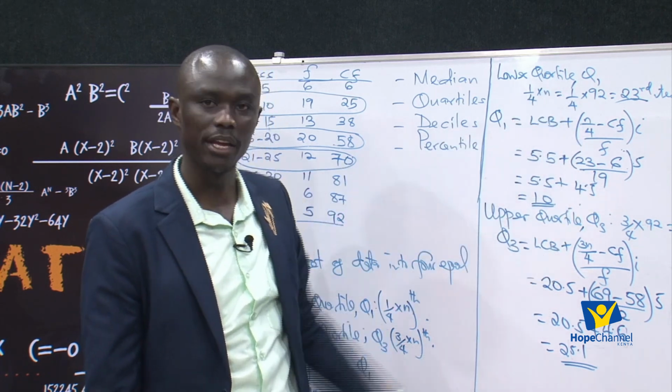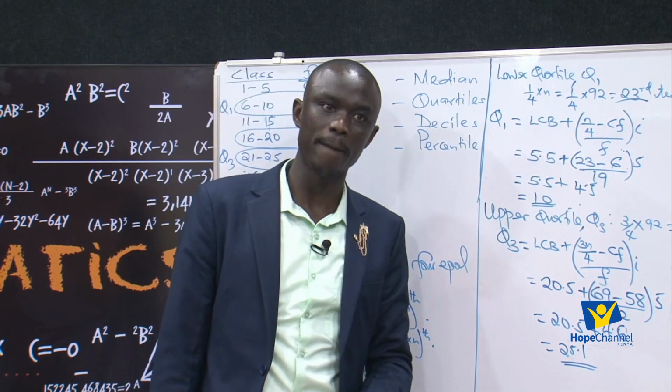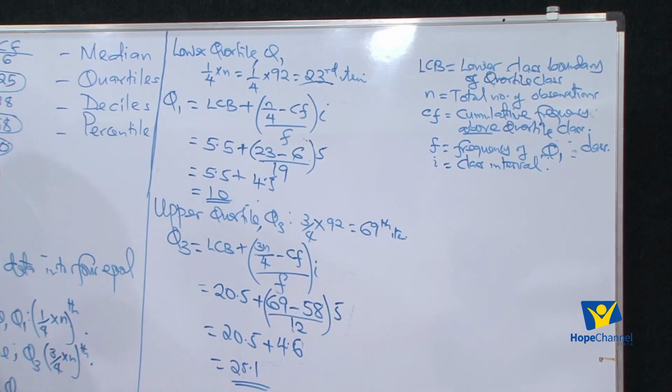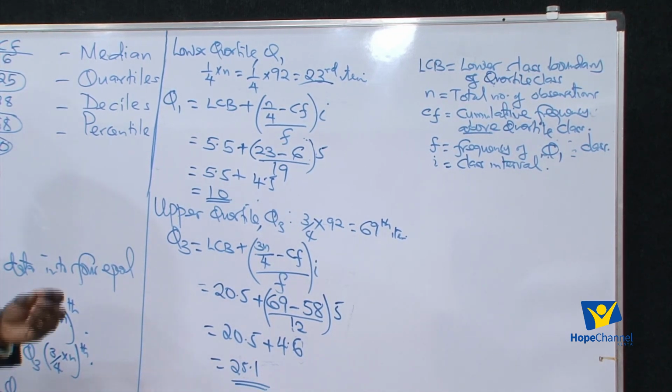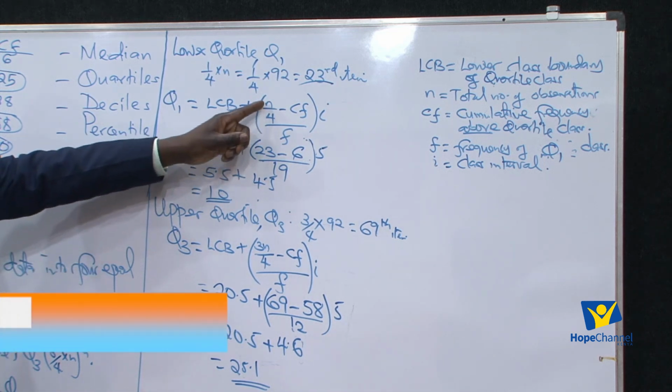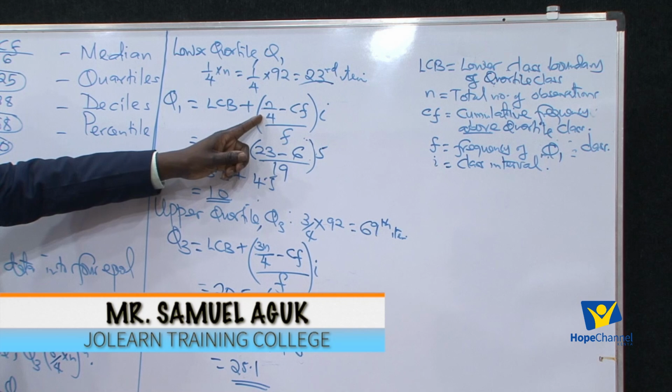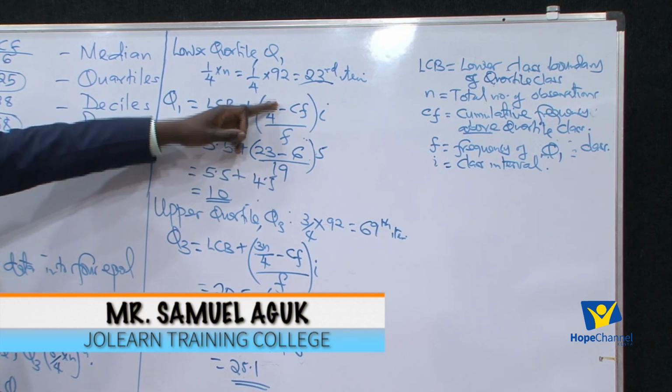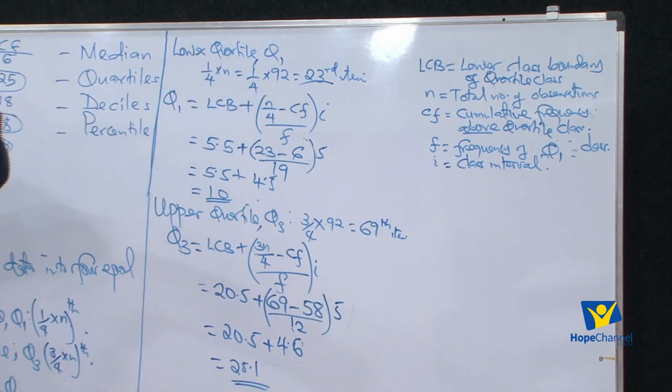Percentiles, the same case: the data is divided into 100 equal parts. So if somebody asks you for the 70th percentile, it is 70 over 100 n. That's the only thing that changes in that formula.